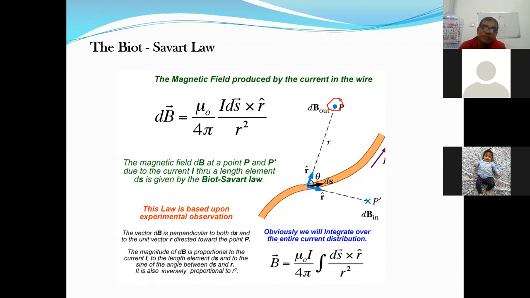The dB is also represented as a vector because it represents the magnetic field, which we know is also a vector. So far we haven't discussed the direction; we are still talking about the magnitude value. This is the way we get the magnetic value.